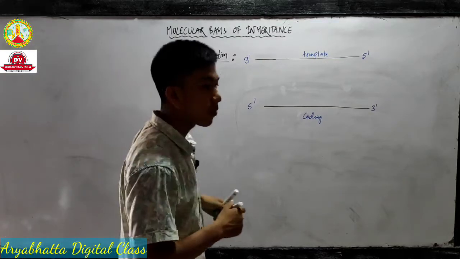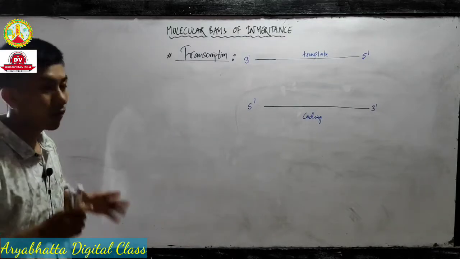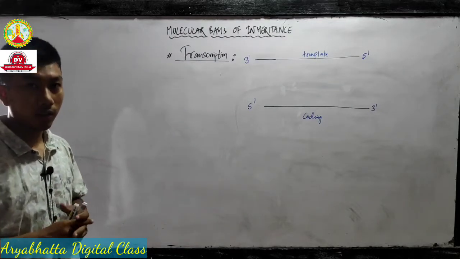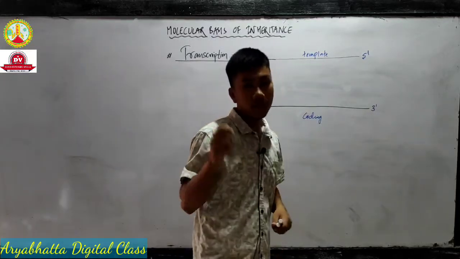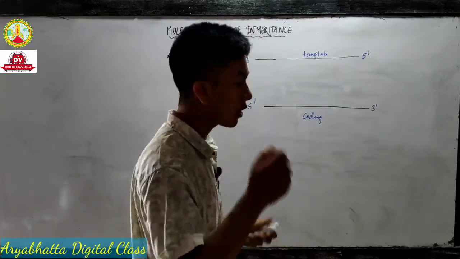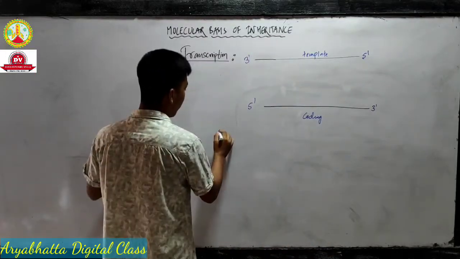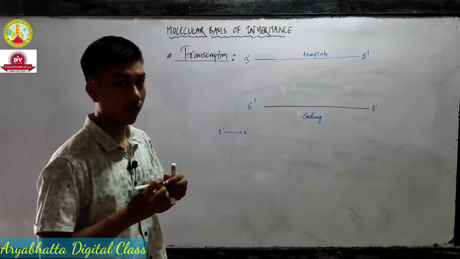Here I am not going to show the nitrogenous bases; we have already seen them in mRNA. Remember one thing: any new nucleotide that is synthesized, the direction is always from 5 prime towards 3 prime.